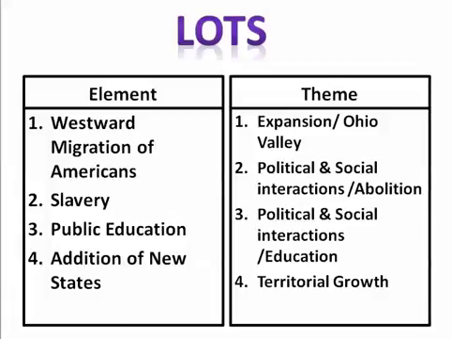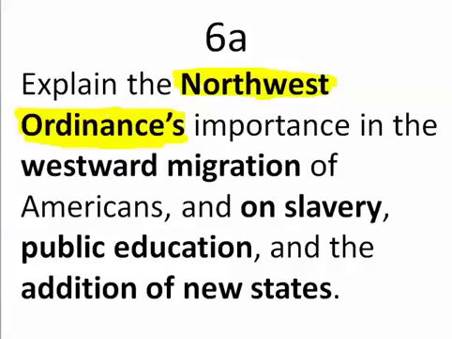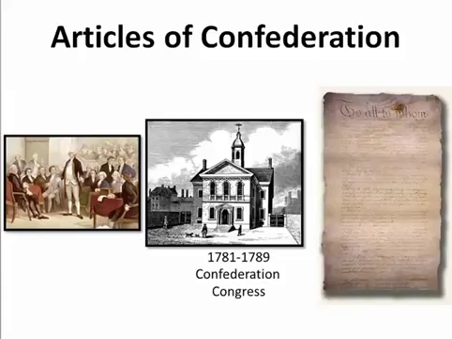So let's start with what is the Northwest Ordinance. In the last unit we talked about the Articles of Confederation, and the Northwest Ordinance was passed in 1787. In 1787, the Articles of Confederation was the government.